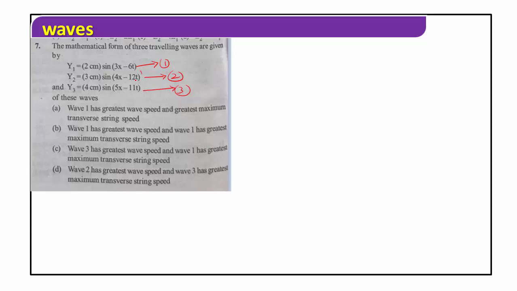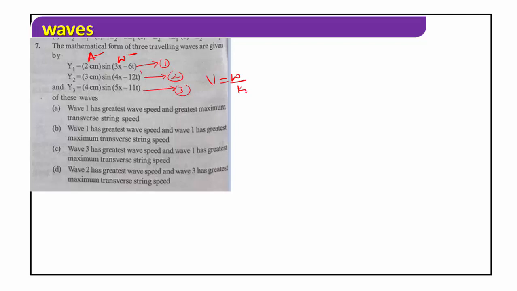Option A, wave 1 has the greatest wave speed and greatest maximum transverse string speed. Here y1 equal to a sine omega t, where a is the amplitude and omega is the angular frequency. Option B, wave 1 has the greatest wave speed. How to find the wave speed? Wave speed v is equal to omega divided by k.